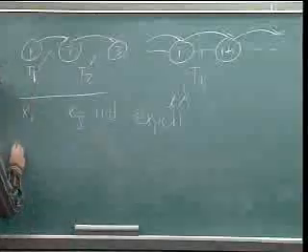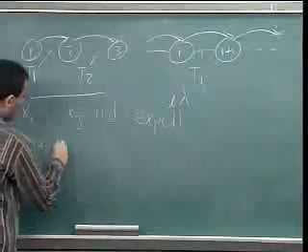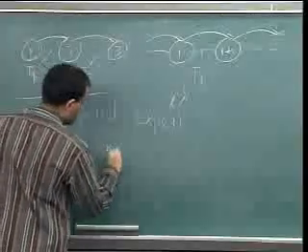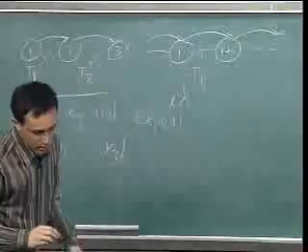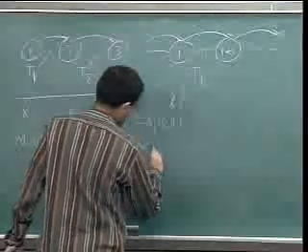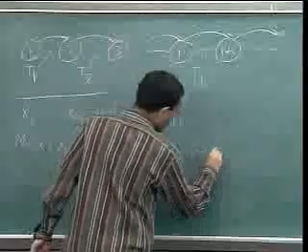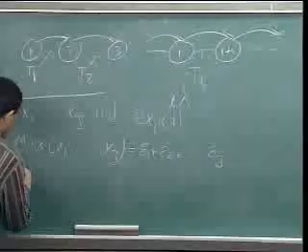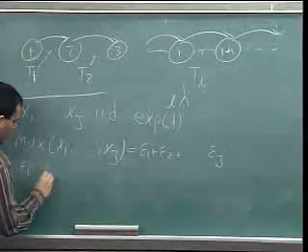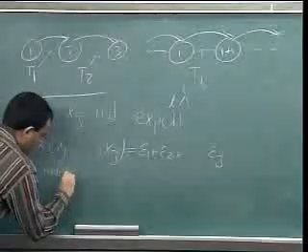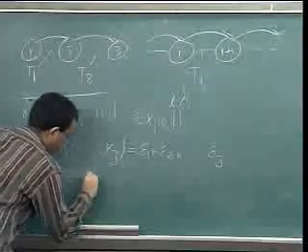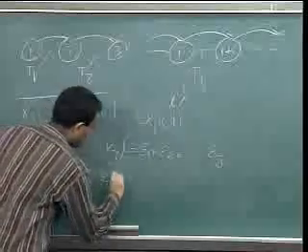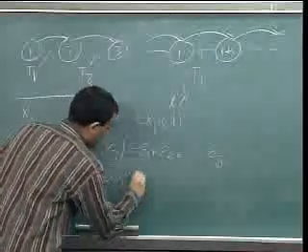Argue that the maximum of x1 to xj equals epsilon 1 plus epsilon 2 up to epsilon j, when the epsilon i are independent and they are exponential with rate lambda i.